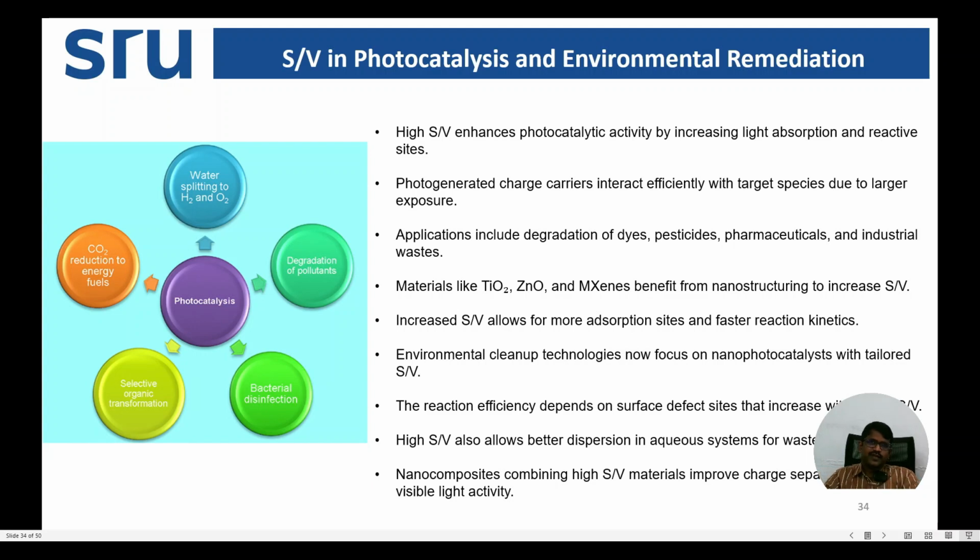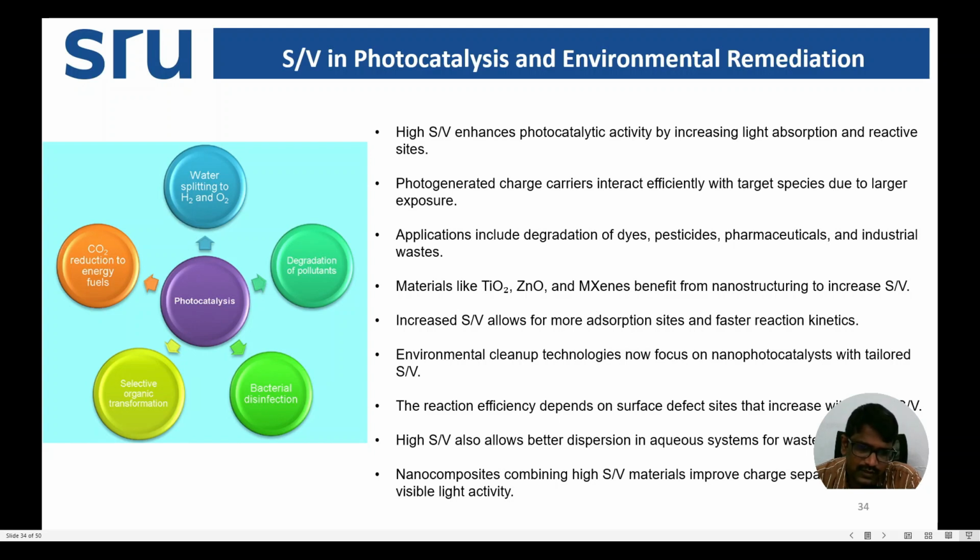For example, if you take a macro-sized material and deposit it in water, it cannot easily disperse throughout the water, right? But if it is a nanomaterial with a higher surface to volume ratio, it can easily disperse throughout the water.